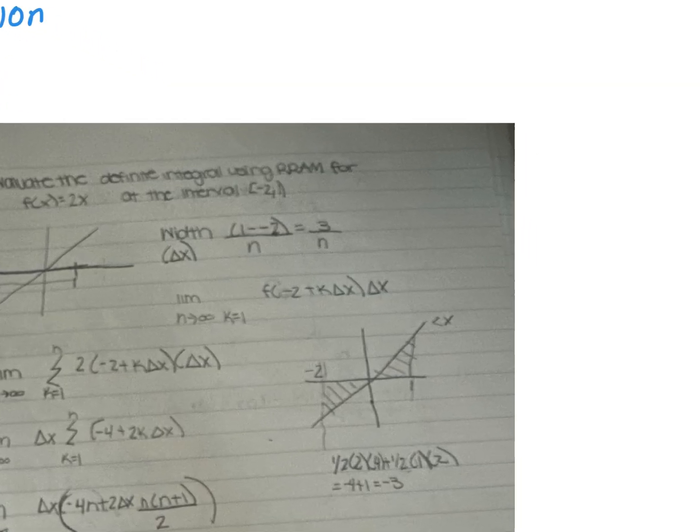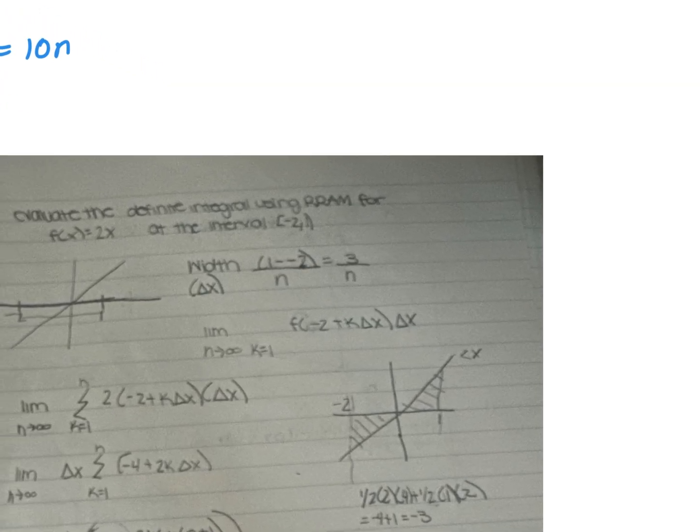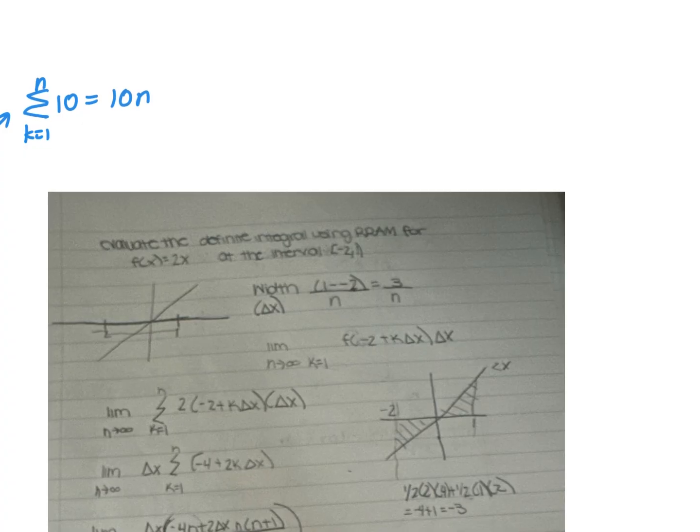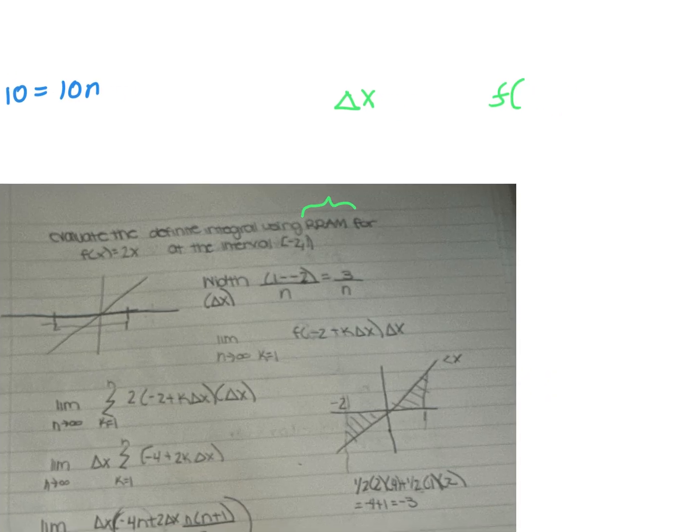First order of business is to recognize that when you're doing a right rectangle approximation method, specifically for that scenario, you should understand what delta x is, and you also should understand that you will be dealing with f of the starting point, we'll call that the starting x value, plus, and in this case, we'll use k times delta x.